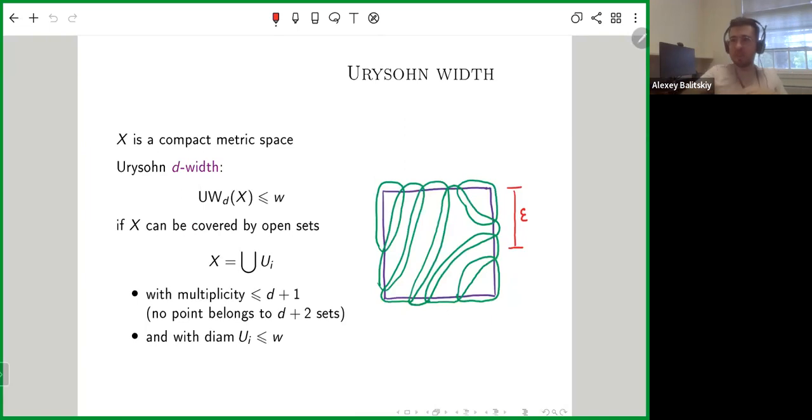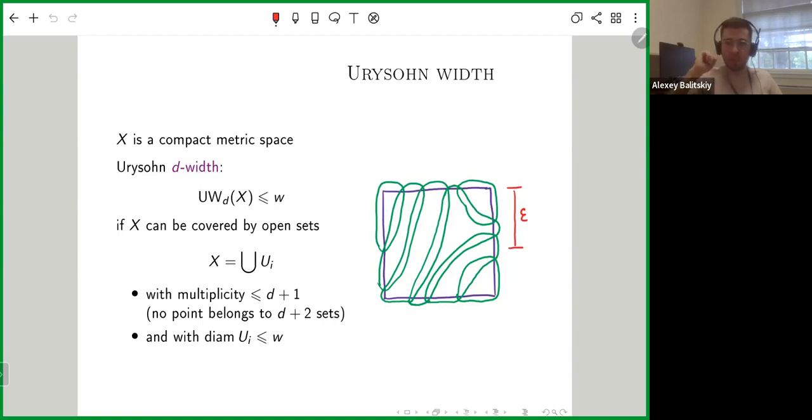This actually motivates the definition given by Urysohn, which is basically a quantitative version of the dimension in the following sense. If we failed to give evidence that our set has dimension at most D with certain precision epsilon, let's just find the infimal epsilon for which we can manage to cover our set with a given multiplicity. This infimal epsilon will be called the Urysohn width.